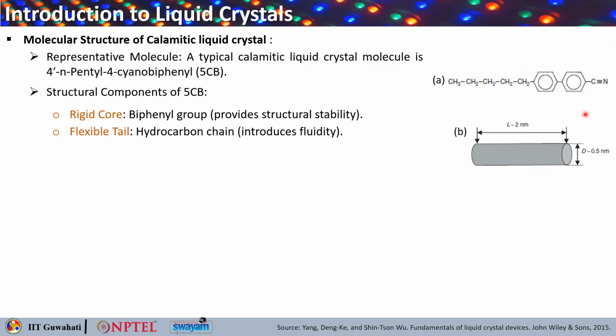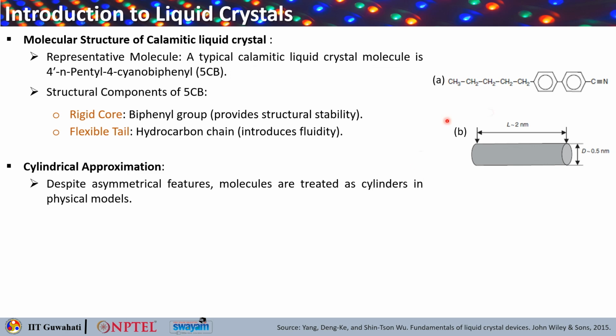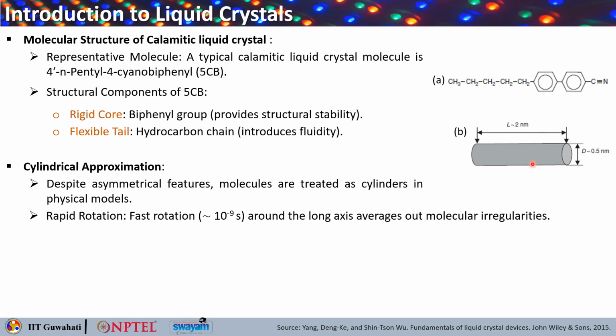This provides the structural stability, and then you have this flexible tail, which is a hydrocarbon chain that introduces fluidity. Typically, as we have seen, people use a cylinder for approximating this. Despite some asymmetry, you can closely model this using a cylinder to make the physical model for this kind of molecules.